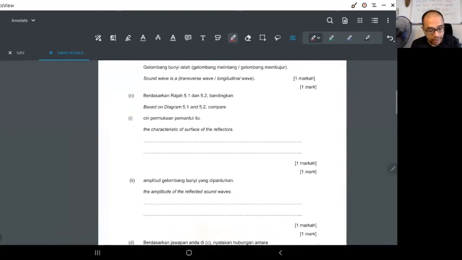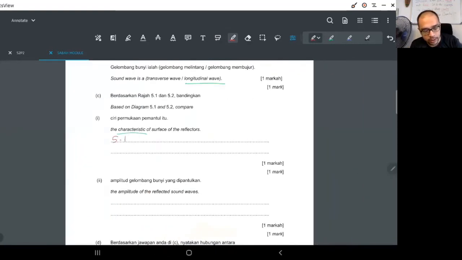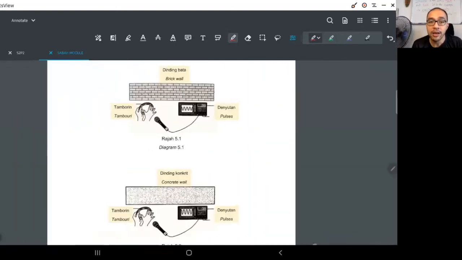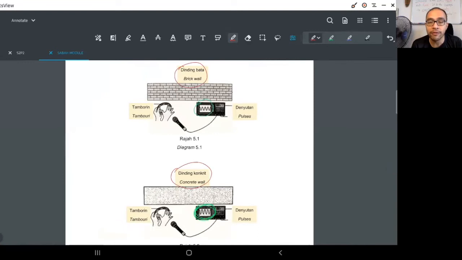So you can say that 5.1 is uneven. 5.2 is more even if you want, or more smooth. Characteristics. Please don't say 5.1 is a brick wall and 5.2 is a concrete wall. It's like, duh, you can see it, it's already written there.